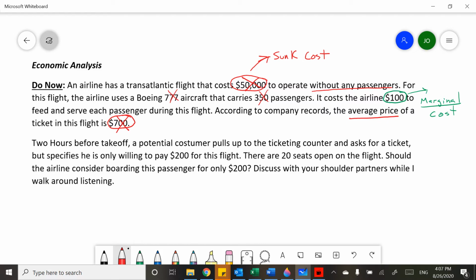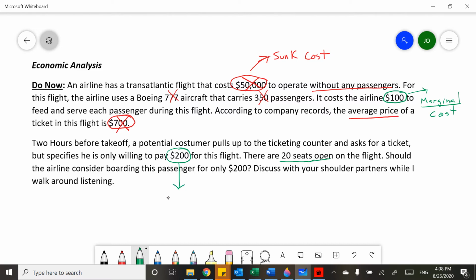Now, we do know that this airline has seats open. The airline has the option of leaving those seats open, or putting extra passengers in for a little bit of money, which takes us to this $200. This is what the passenger is willing to pay.